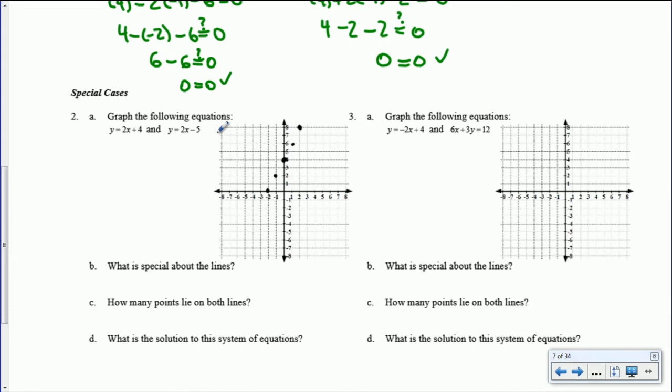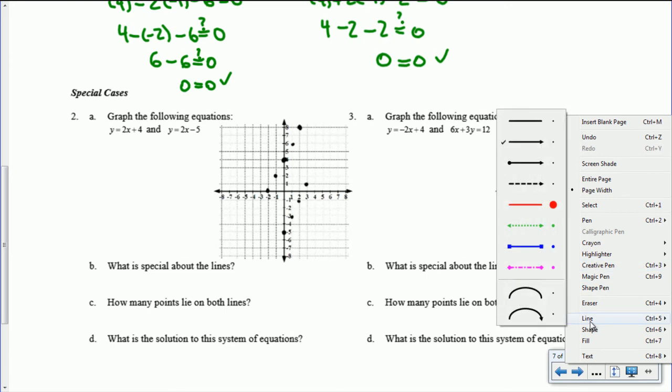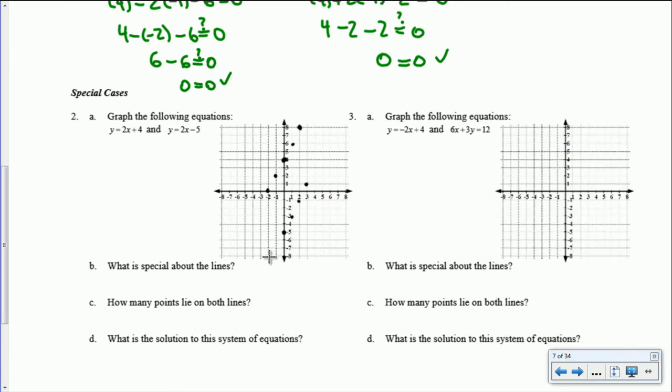Right, and 2x minus 5, so the y-intercept down here, up 2, right 1, up 2, right 1, up 2, right 1, and so on. So let's draw.